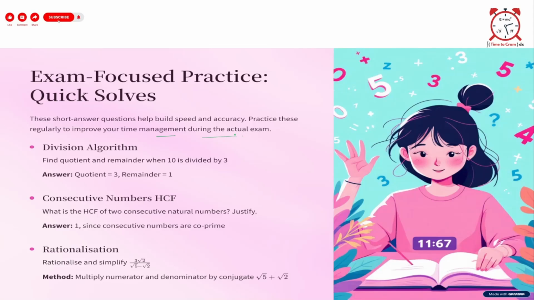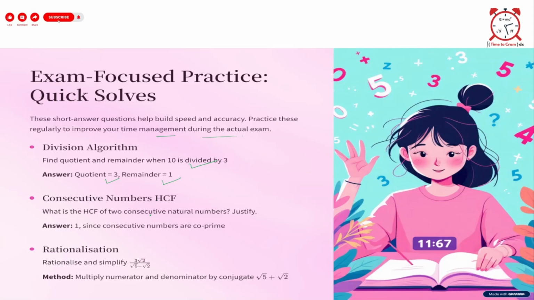If you have seen preparatory papers 1, 2 and 3, you know how time management is required to complete the question paper. First, division algorithm: find the quotient and remainder when 10 is divided by 3. If you divide 10 by 3, you get quotient 3 and remainder 1.